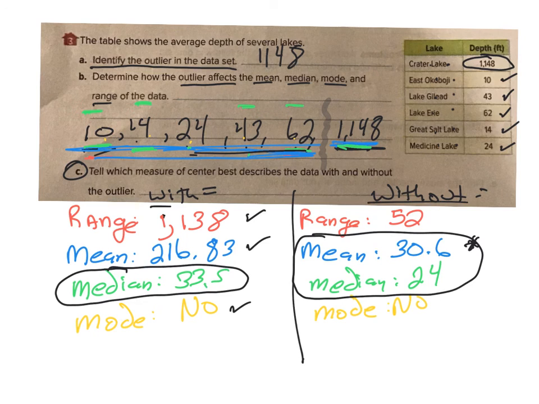The mean would be about 30.6. So you find your mean, median, mode, range, all that. You compare it and figure it out with an outlier and without an outlier. All right, so that's the one problem I'm going to do with you.